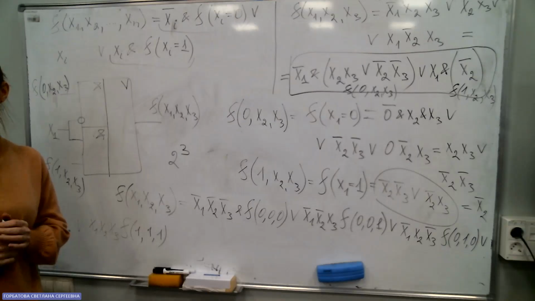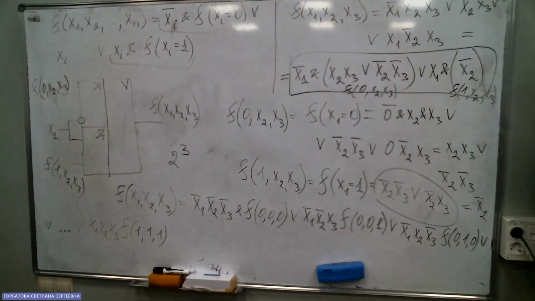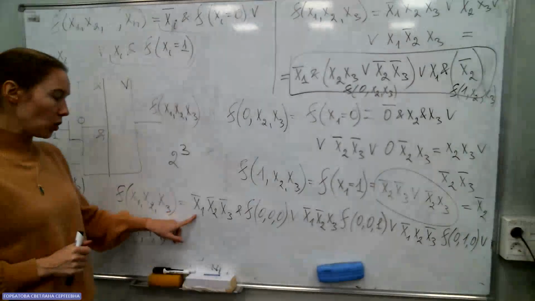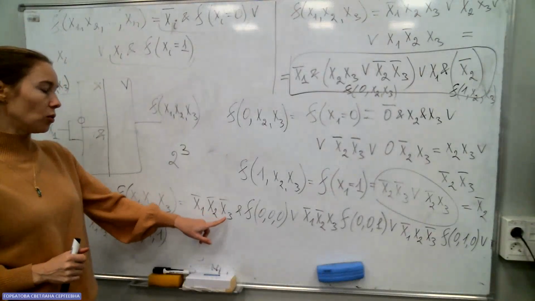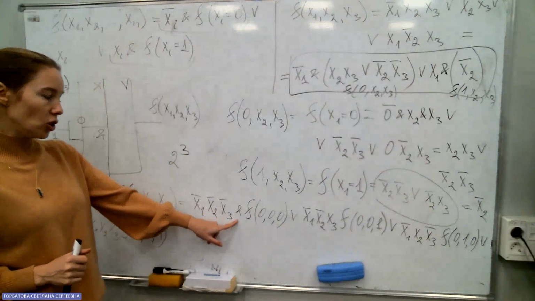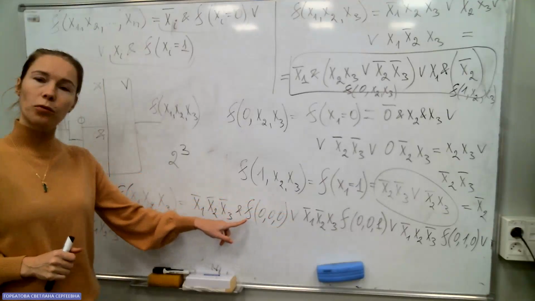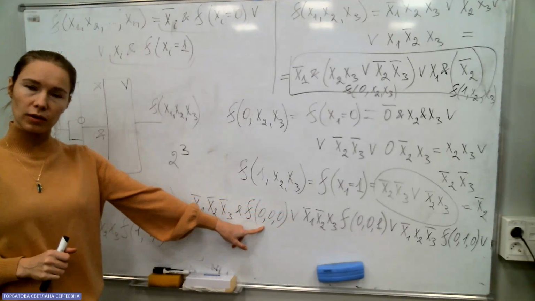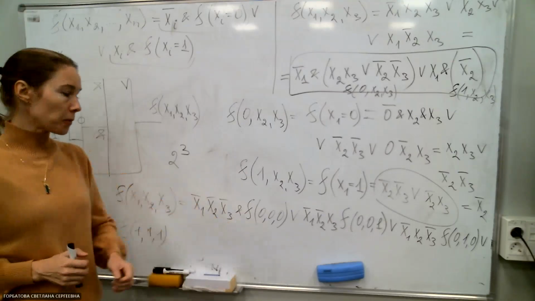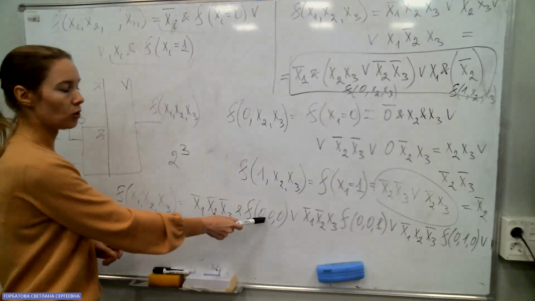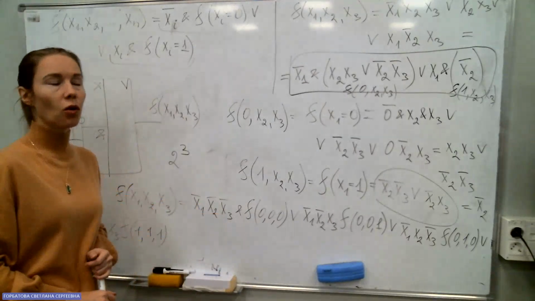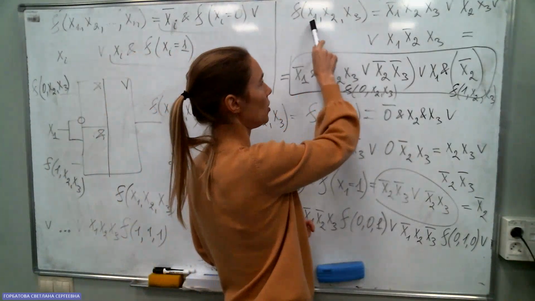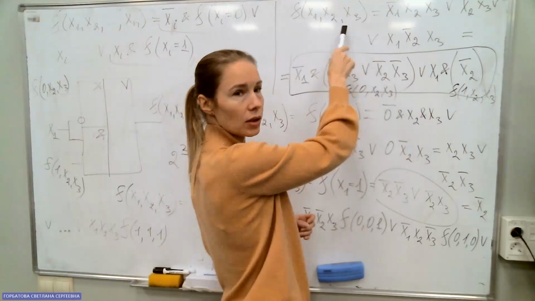Where is the not x1, not x2, not x3? Not x1, not x2, not x3, conjunction, the result of the function at this particular point. So F where x1 is 0, x2 is 0, and x3 is 0.